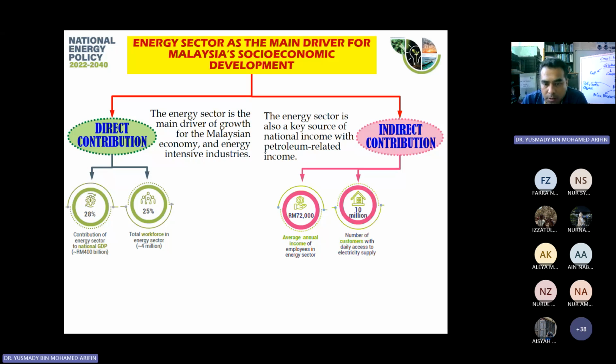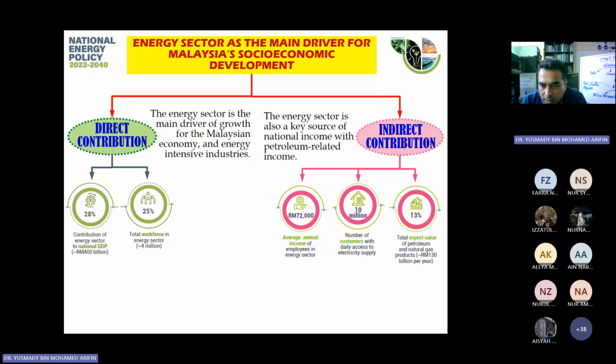And also the number of customers with daily access to electricity supply increases to 10 million. So there will be more residents or households that can obtain electricity supply if we implement this National Energy Policy 2022-2040.